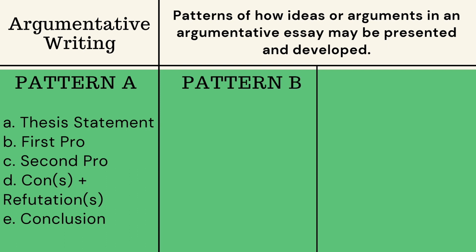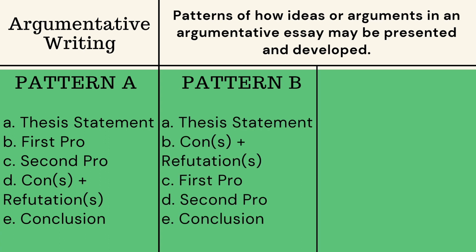Next pattern, we have the pattern B. When writing an argumentative essay, you may also follow this pattern. First, your thesis statement. Next, your cons plus refutations. Next is your first pro, the second pro, and lastly is the conclusion.